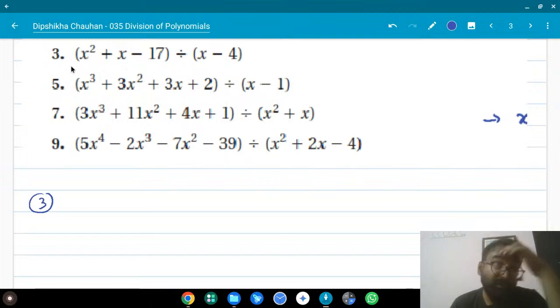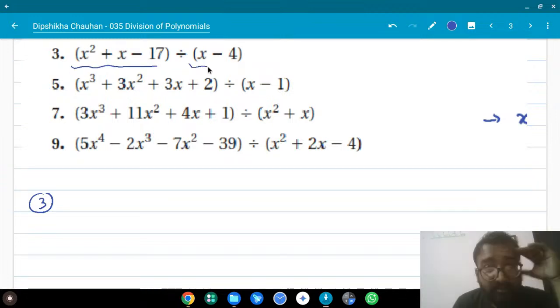So this is the dividend, this is the divisor. Normally in any division we write it like this, the traditional long division method, and it is x square plus x minus 17.